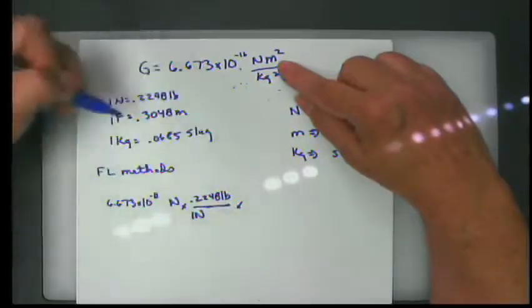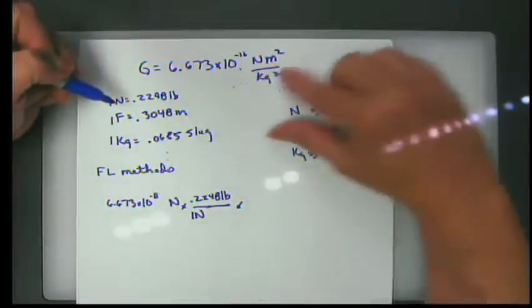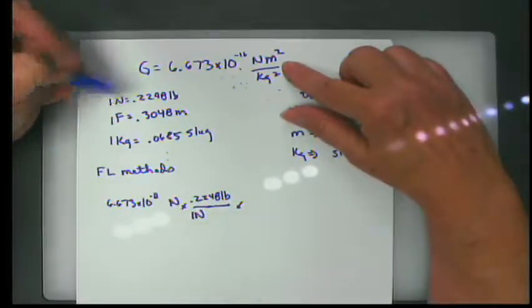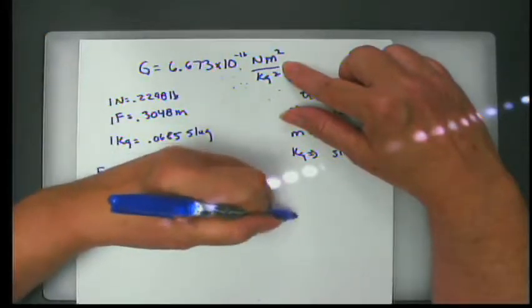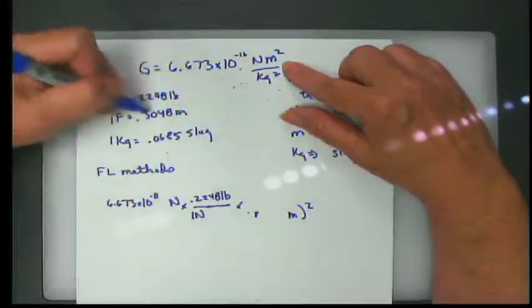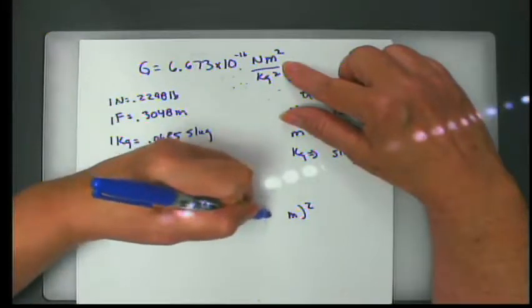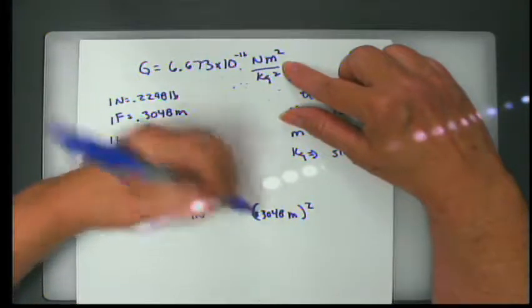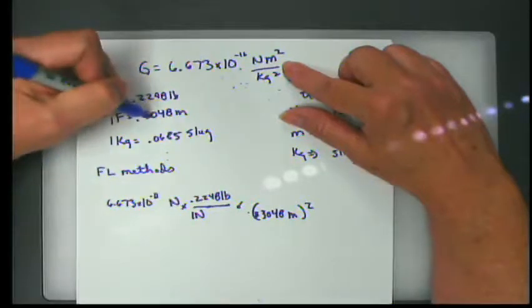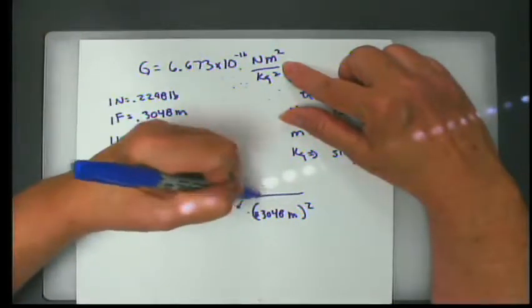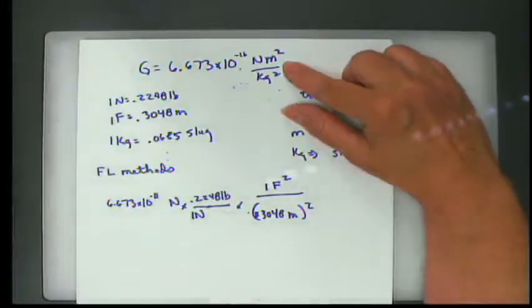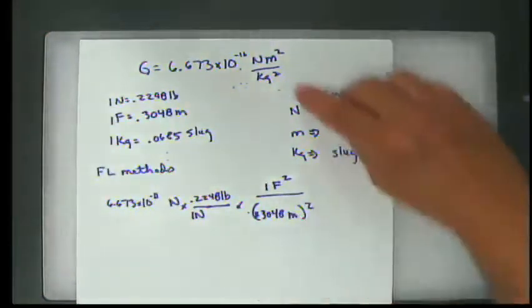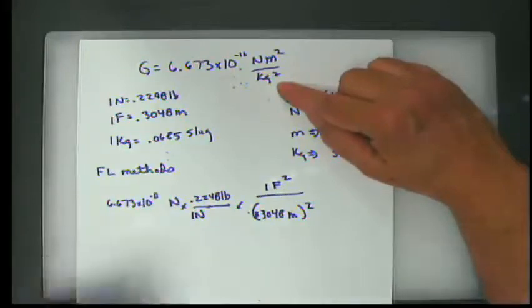Then I have a meter squared, and I wish to convert meter squared is in the numerator, so I wish to put meter squared in the bottom. Now since I'm squaring the meter, I have to square the value as well, 0.3048. So that's quantity squared, 0.3048 meters squared per 1 foot squared. 1 squared is just 1. So this is an effective unit conversion.